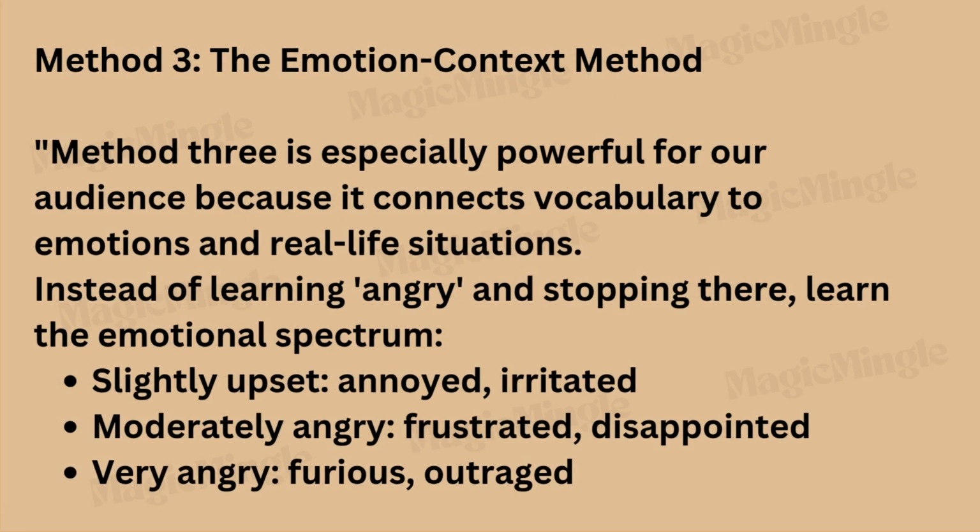Method 3, the emotion context method. Method 3 is especially powerful for our audience because it connects vocabulary to emotions and real-life situations. Instead of learning angry and stopping there, learn the emotional spectrum. Slightly upset: annoyed, irritated.